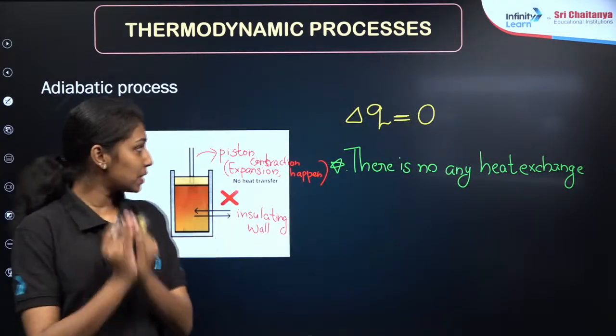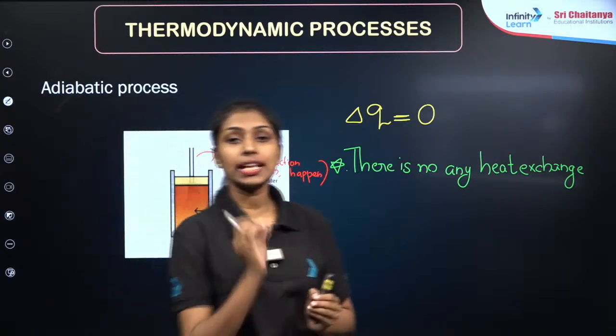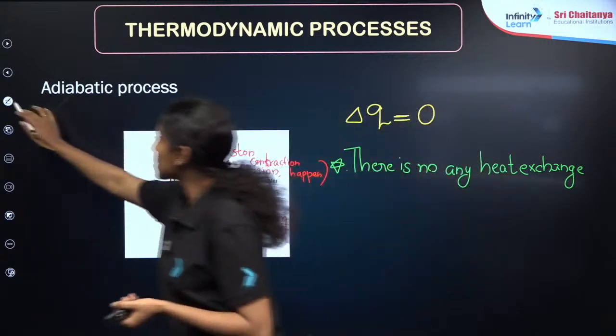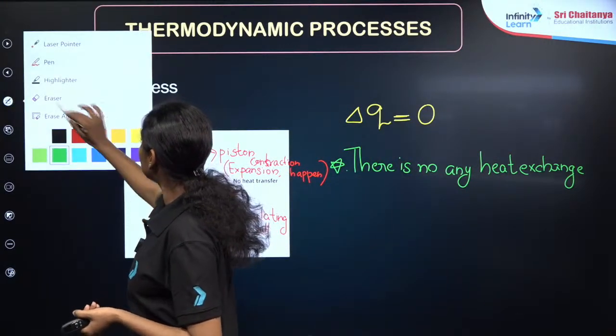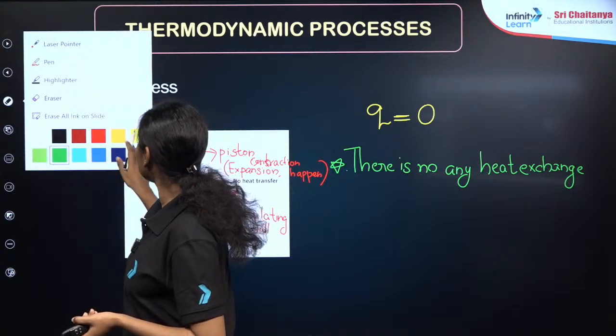Right, in the case of an adiabatic process, there will not be any heat exchange, so we can explain the condition as Q is equal to 0, or delta Q is equal to 0. Simply you can say Q is equal to 0. Heat exchange is equal to 0.